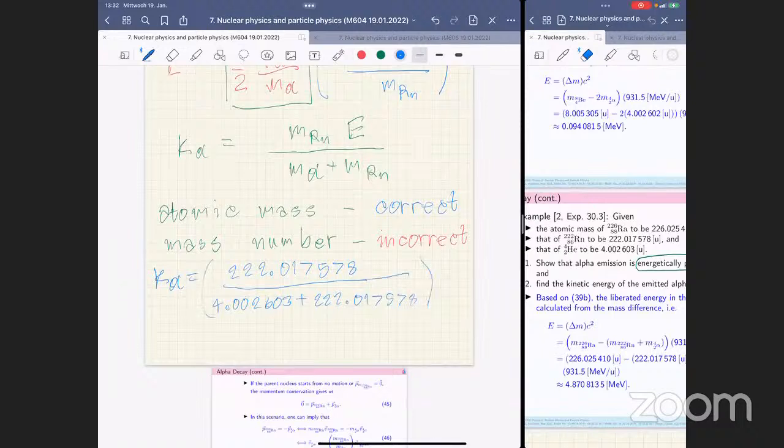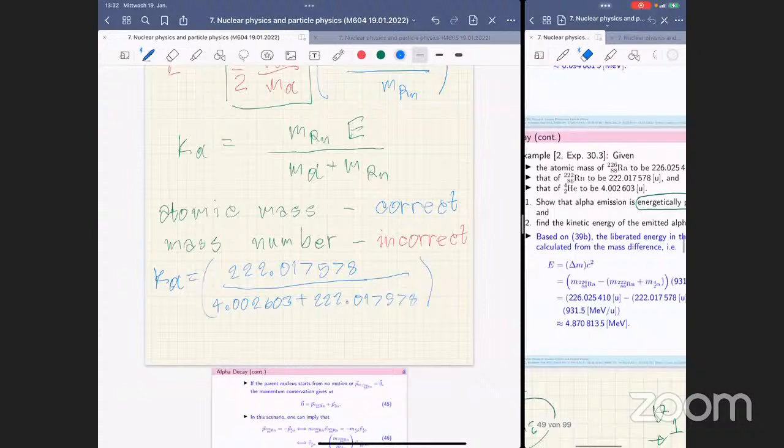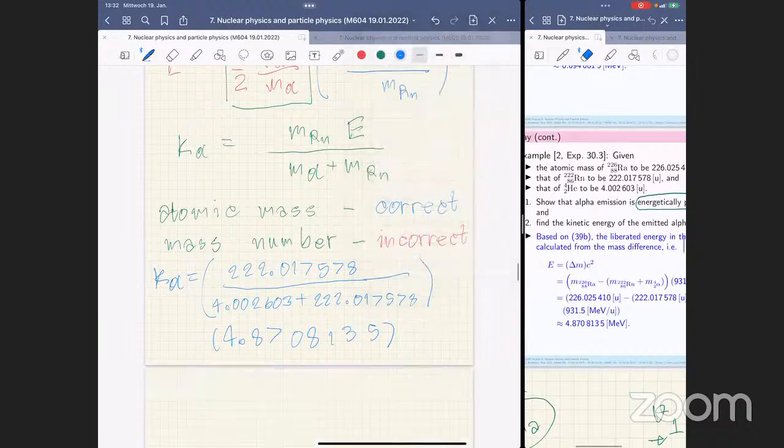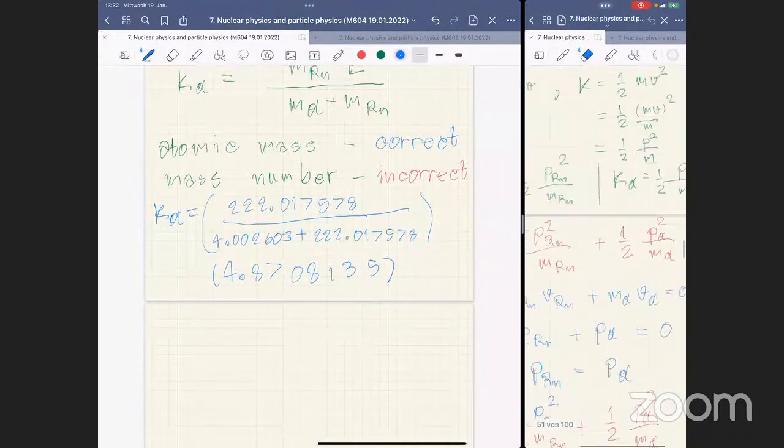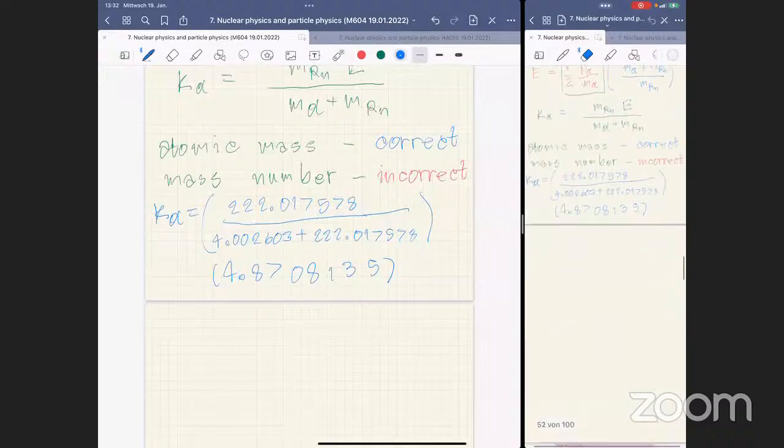And you multiply it with the energy you have got in the previous step, which is, let me write down here, 4.8708135. This is the correct way. And the outcome you have got from the correct version is the following, this one.